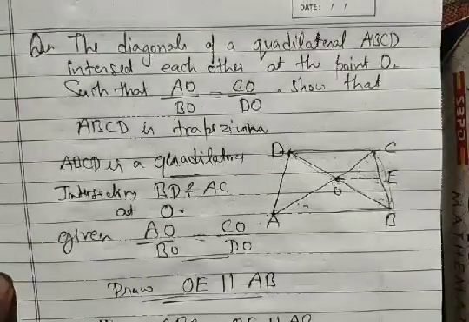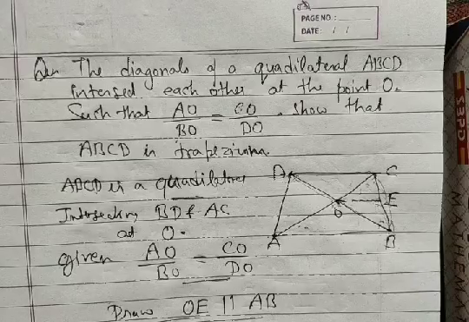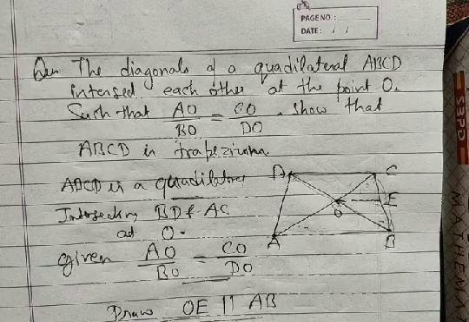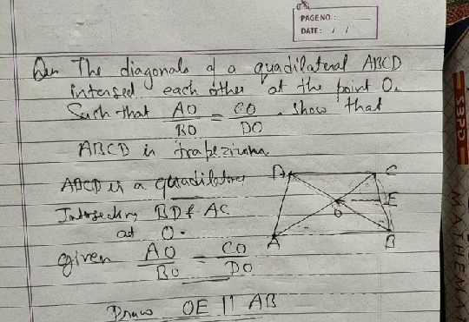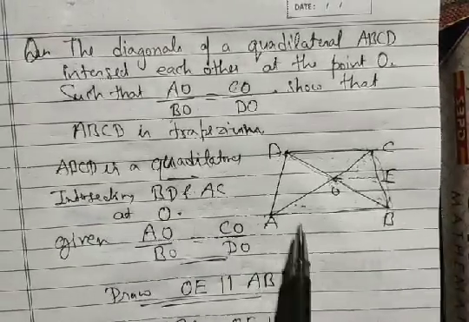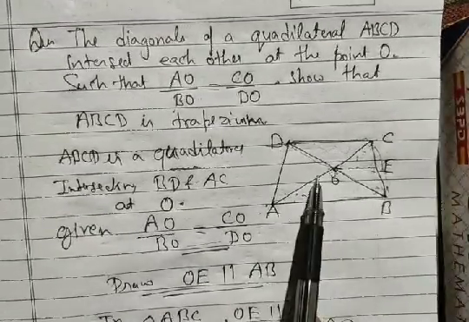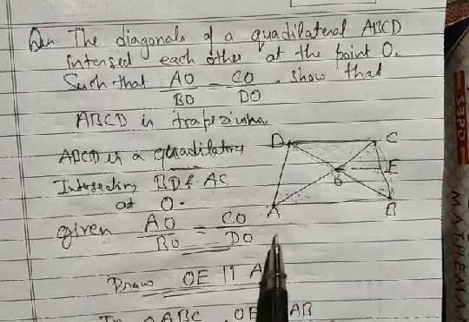I'm going to revise this problem for you, because it is an important problem. We are given that the diagonals of a quadrilateral ABCD intersect each other at point O such that AO is to BO equal to CO is to DO. We have to show that ABCD is a trapezium. We start with the given part. ABCD is a quadrilateral with diagonals intersecting at O, and AO is to BO equal to CO is to DO.